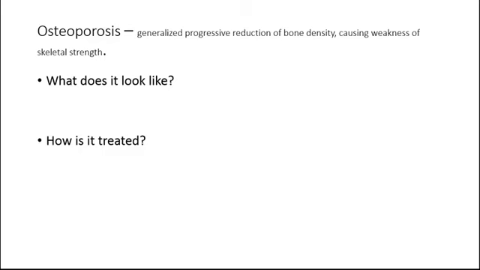Fosamax, also oral, but it comes in different dosaging. It can be weekly or it can be monthly. So we do need to teach individuals how often to take this medication. And if it's a monthly basis, it's like to take it on the 30th of every month. They need to be consistent and have it scheduled just right.